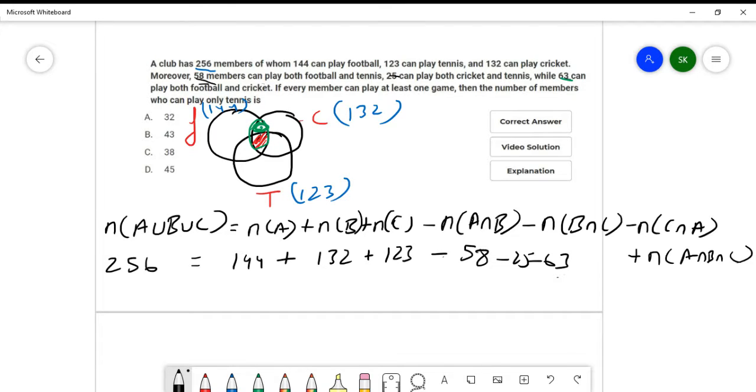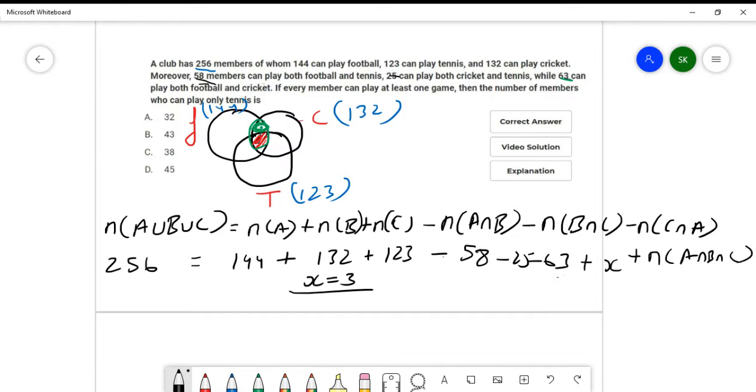But we are not provided with the total intersection of these three. I mean this red shaded area is not provided to us, its value, so consider it as x. Now solve this equation, you will get value of x is equals to 3. Now we have got the value of x equals to 3.